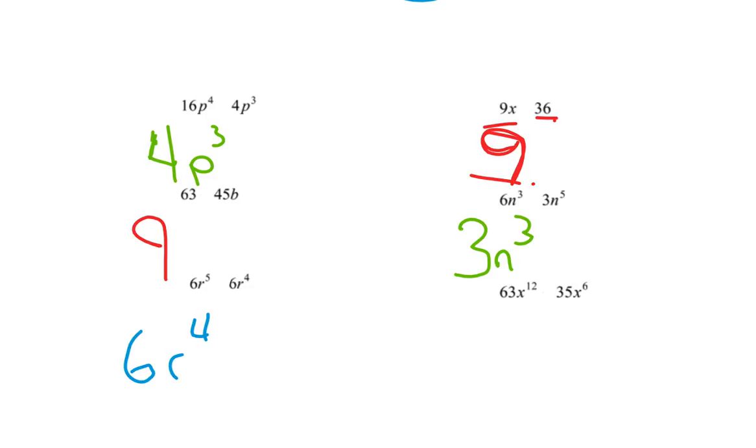Doesn't look like we're seeing anything there. 35, 5 and 7. So 7 is my greatest common factor. They both can be divided by 7. I have x to the 12th and x to the 6th. My greatest common factor of my variables is x to the 6th. So that's what we do when we're finding our greatest common factor.